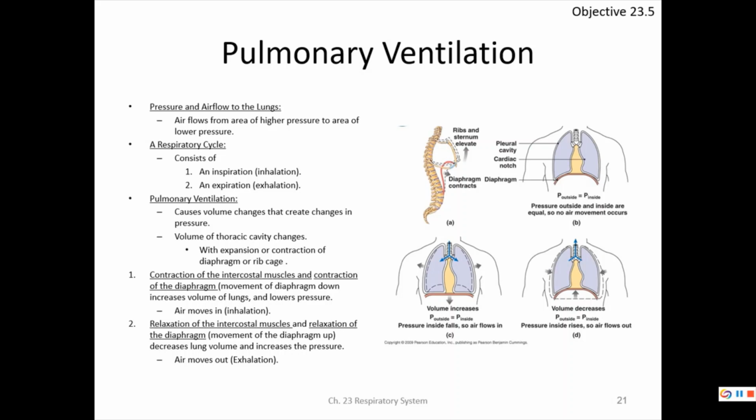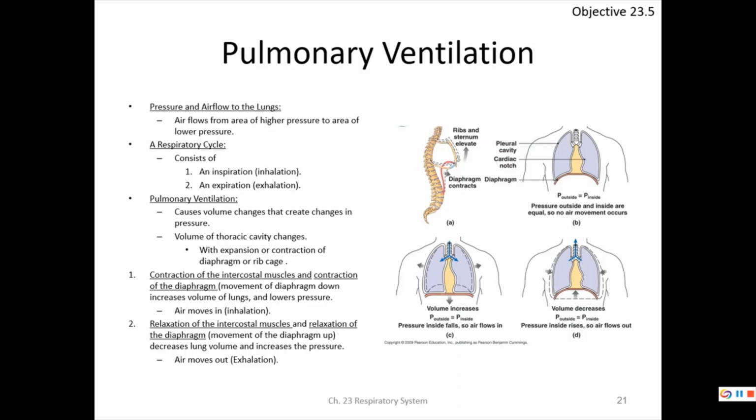And it lowers it below atmospheric pressure, and the gases come in. It's basically just lowering the pressure so that the atmospheric pressure is great enough, pushing it inwards.